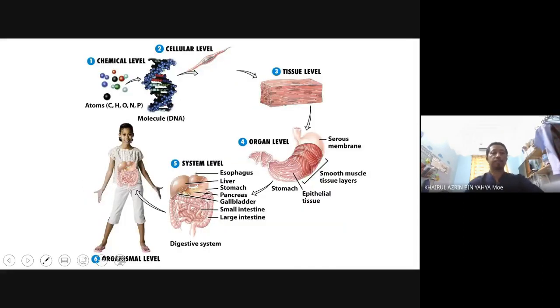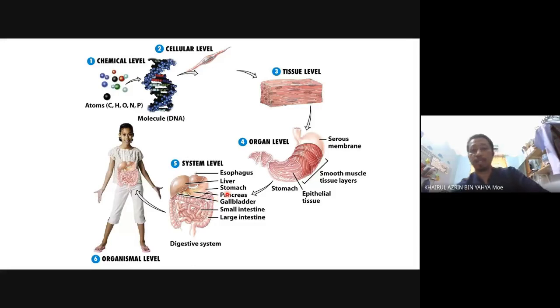Okay, next. Okay, this is chemical level. However, we start with cellular cell, and then many cell become tissue. Tissue combine become organ. Organ combine become system level.